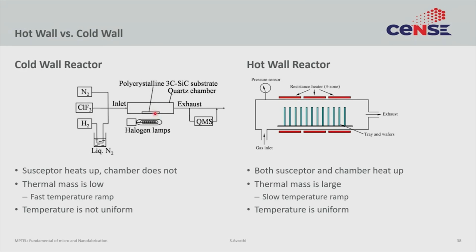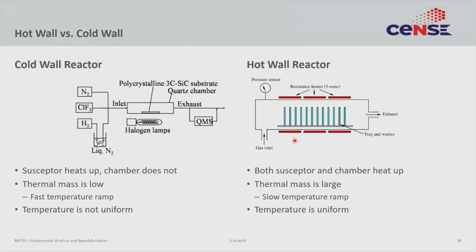So, the radiation that is coming from these lamps goes through the quartz without heating it up and directly heats the polycrystalline silicon carbide substrate. Now, some amount of heat might come from this substrate to the chamber, but primarily the chamber is not heated on its own. So, as long as you can keep the substrate insulated from the chamber, it always remains cold.